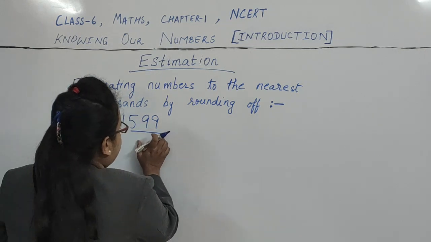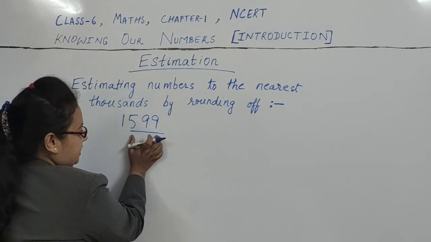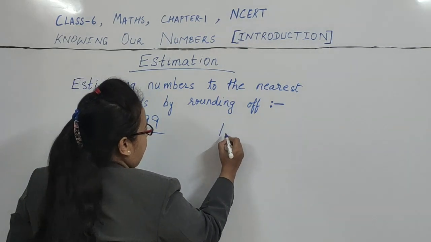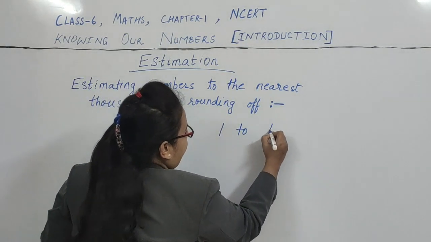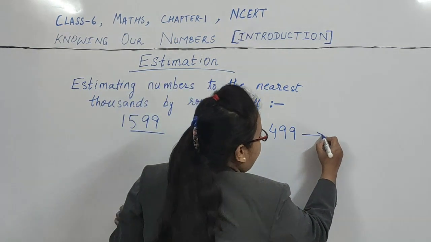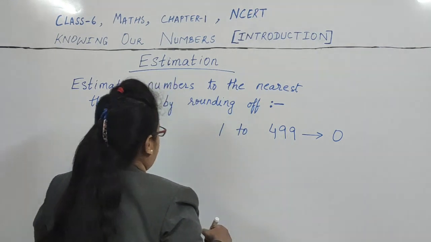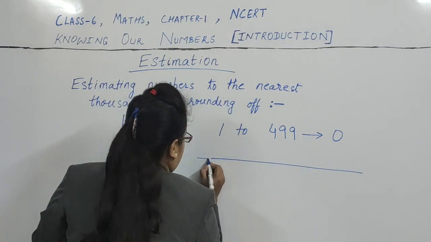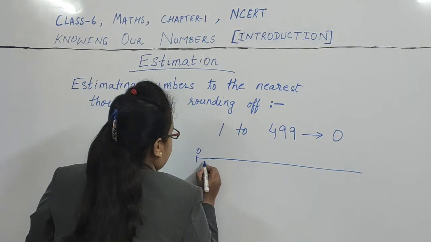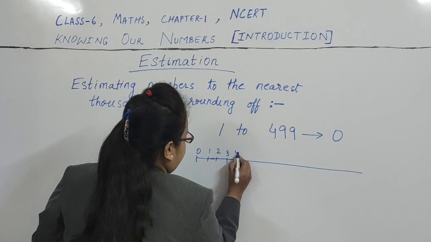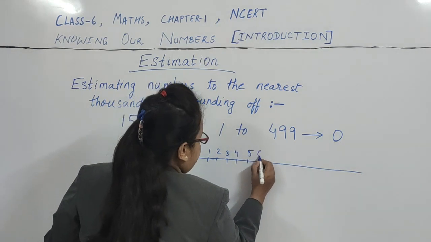So this makes a number, 599. If this number is between 1 and 499, it will be rounded off to 0. See how? This is 0, 1, 2, 3, 4, 5, 6.